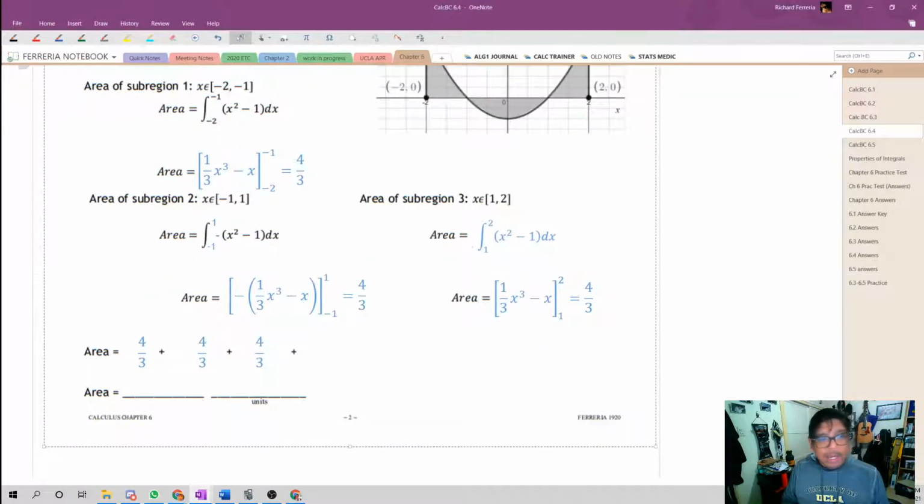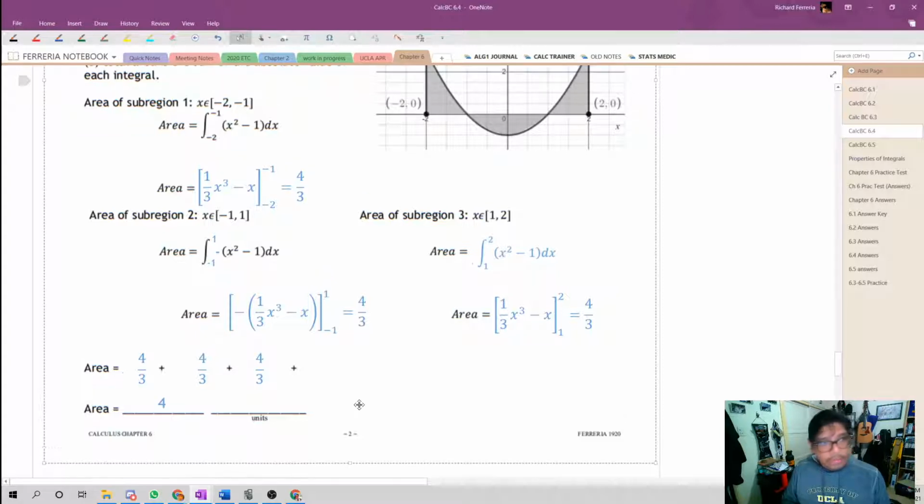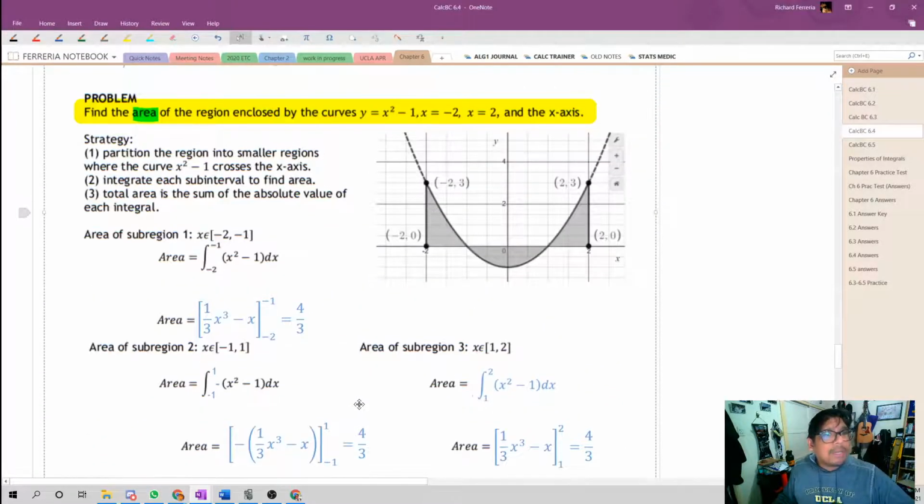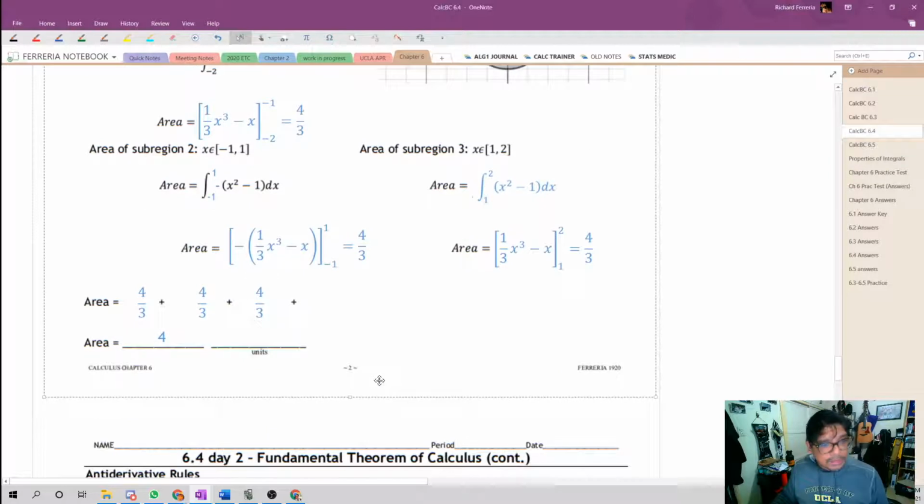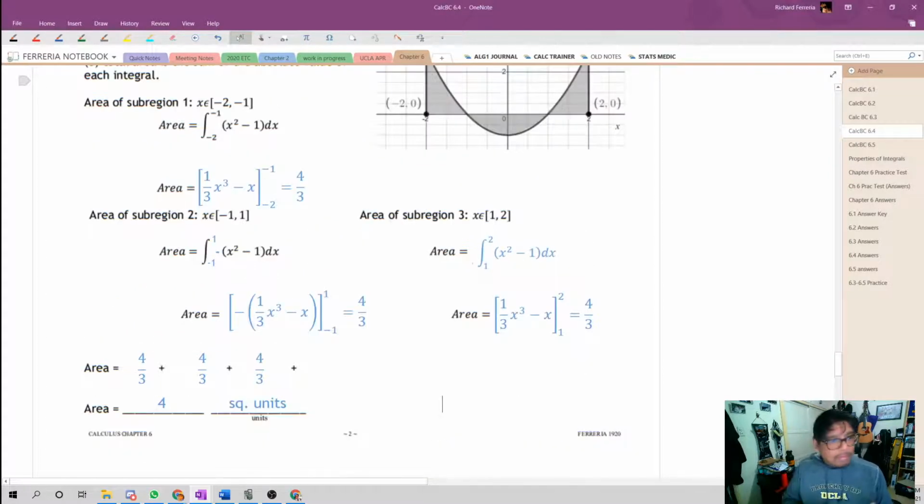So the whole area is 4/3 plus 4/3 plus 4/3, which is just 4. Let's see if we could find units here. No, I don't see any units here, so we're just going to say square units. And that's finding area with some of the region above the x-axis and some of the region below the x-axis.